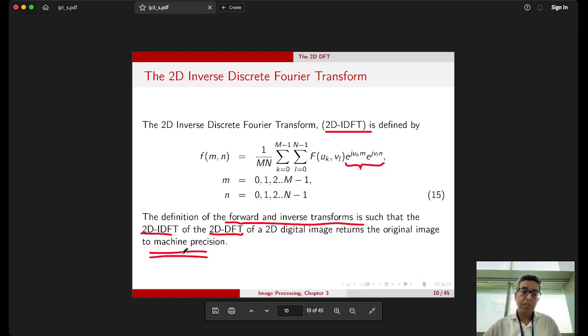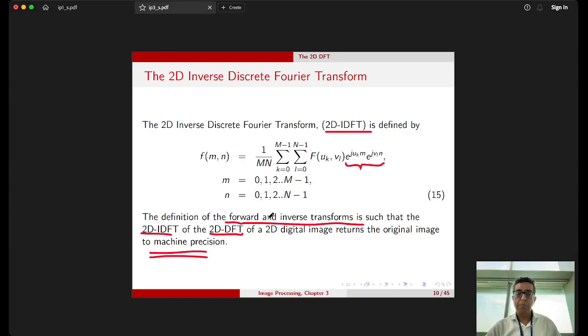And that refers to the fact that you've got to work out cosine and sine terms to evaluate these complex exponential values. And when you do that, you have a certain amount of rounding error.